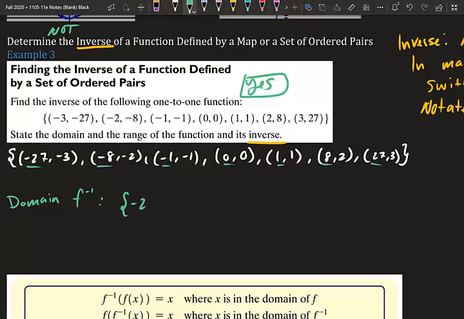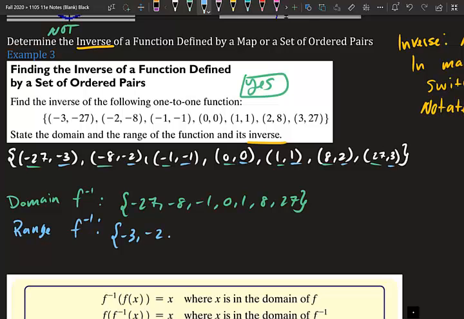So it becomes negative 27, negative 8, negative 1, 0, 1, 8, 27. The range of the inverse is all of the y's now. So negative 3, negative 2, negative 1, 0, 1, 2, 3.